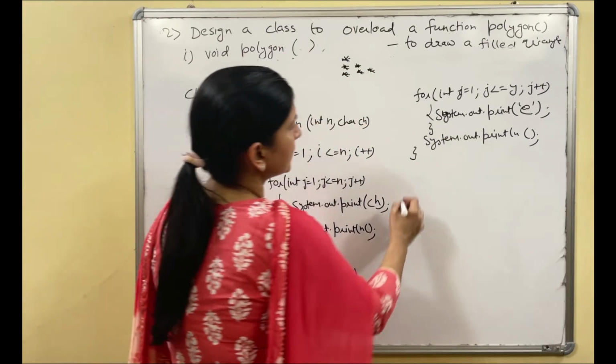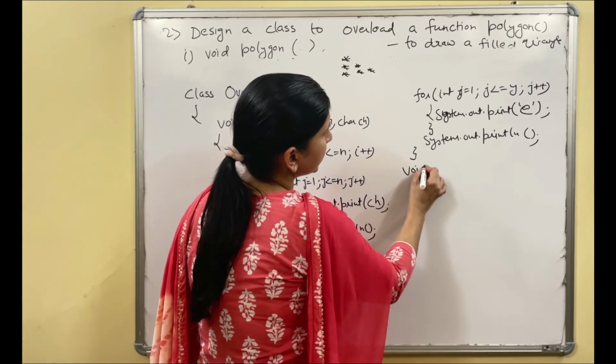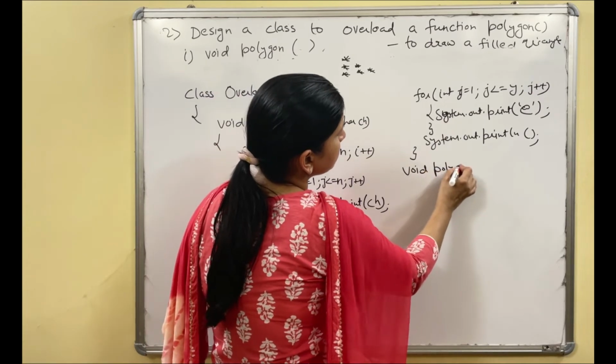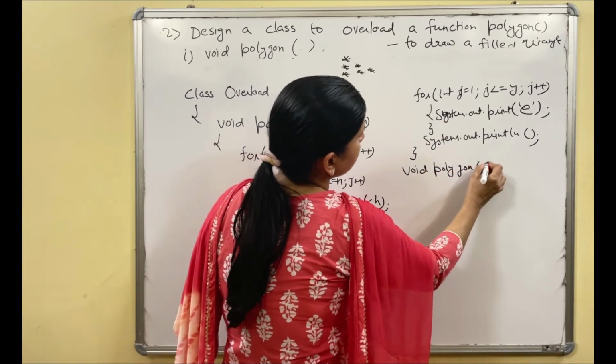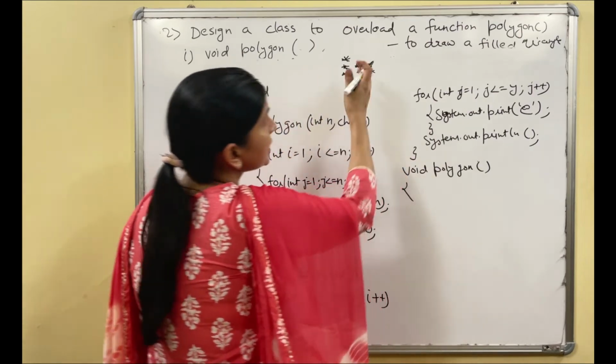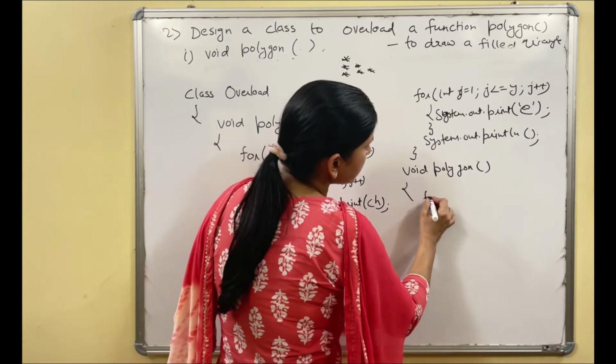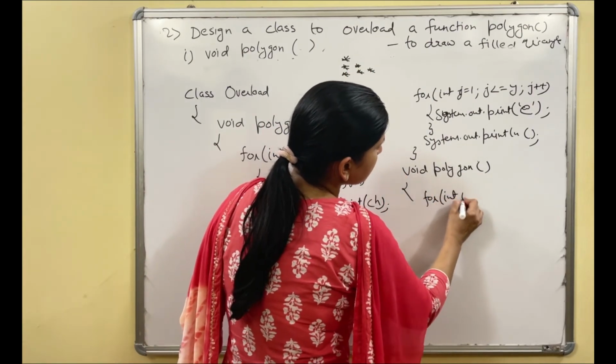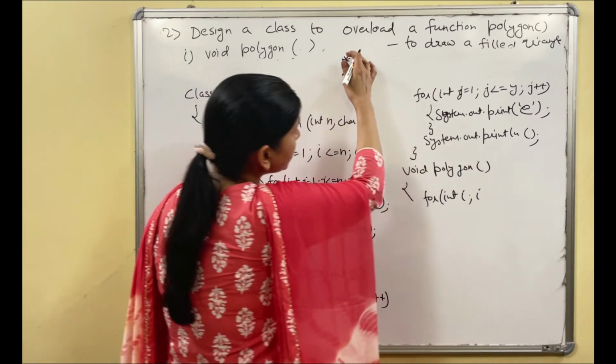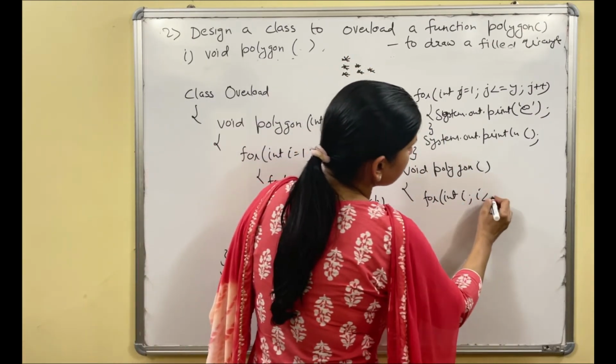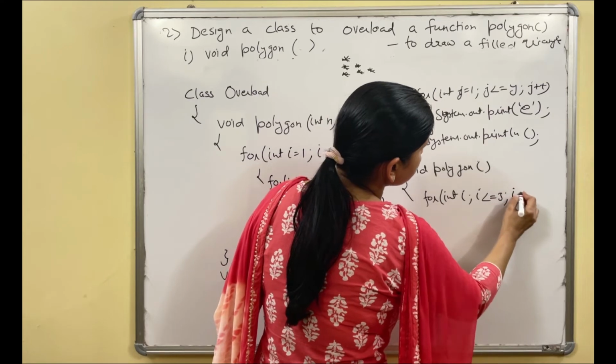So we will make the third function here, void polygon, right? And how will you display that? Again, we will use the nested for: int i equals 1. How many rows are there? 3 rows. i less than or equal to 3, i plus plus.